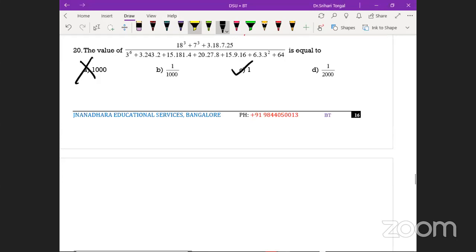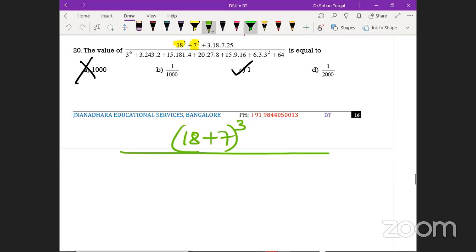See here, if you see this kind of cube, just write down (18 + 7)^3. Concentrate on the higher power. See here, 3^6 is there, and here 64, which I can write as 2^6. In that case, this is (3 + 2)^6. Right?